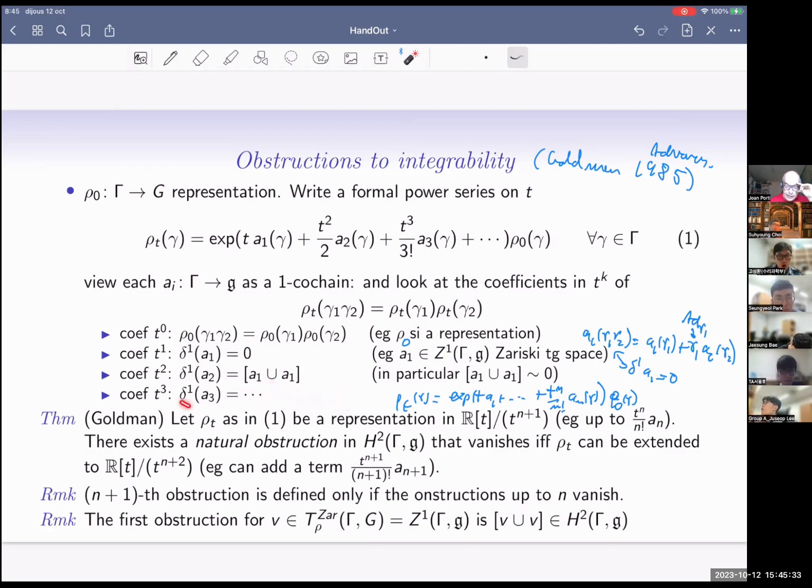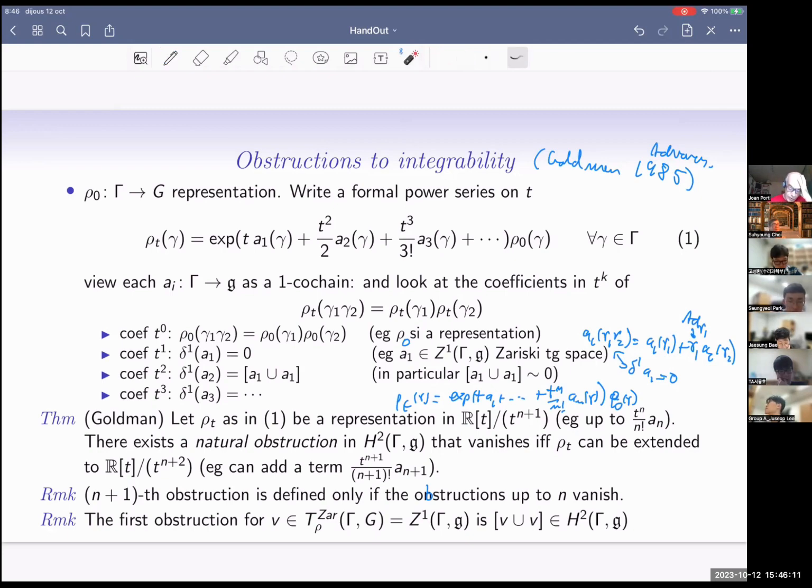So I can define the next term, and so on and so on. What does the theorem say? There is a sequence of obstructions, but it's important to say that the obstruction n plus 1 is defined if and only if the obstructions up to n vanish. If the previous obstruction vanishes, I can define the next one. If this obstruction is non-zero, I have to stop. If it's 0, I can continue to construct, and so on. That's obstruction theory.